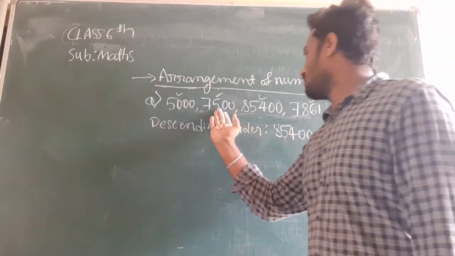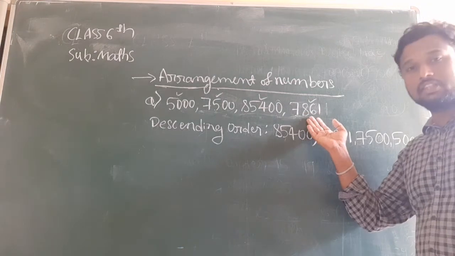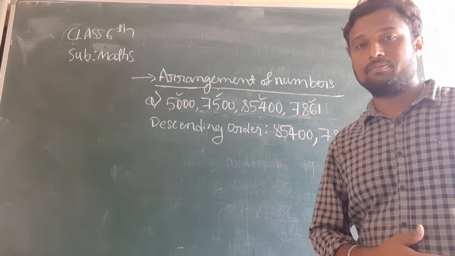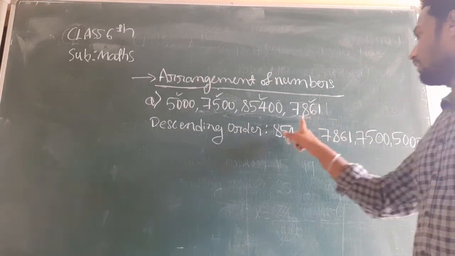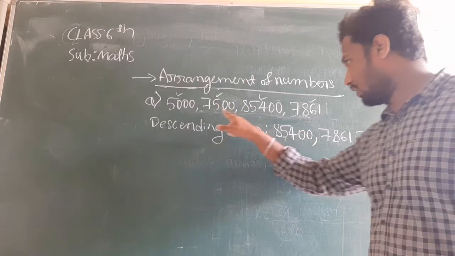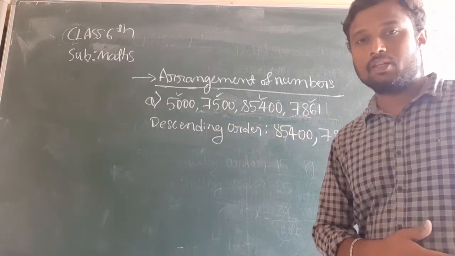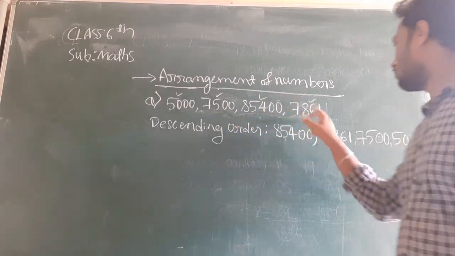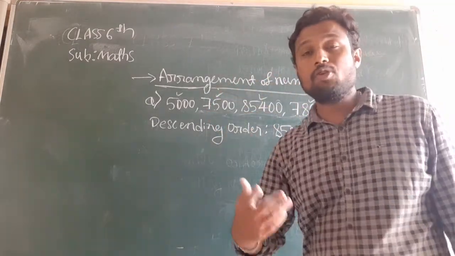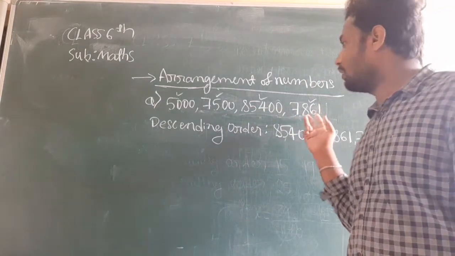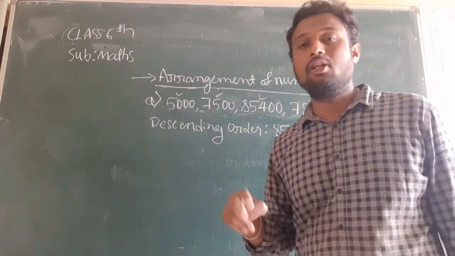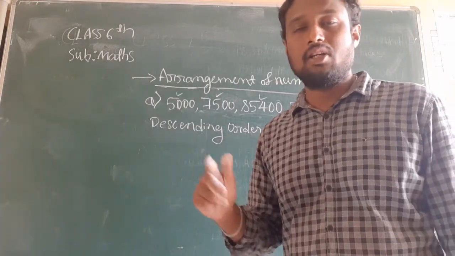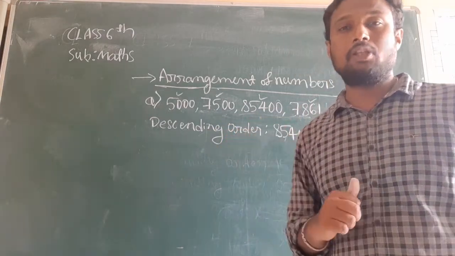You can see here in 7,500 and 7,861, we got 7 in the highest position, the thousands position. But when it is equal, we have to compare the hundreds position. Here we have 5 and 8. So you have to compare 5 and 8. So 8 is greater than 5, meaning 7,861 is greater. Suppose again you get the same values in the hundreds position also, you can compare the tens position. Suppose you get the same value in the tens position also, then you can compare the ones position value.